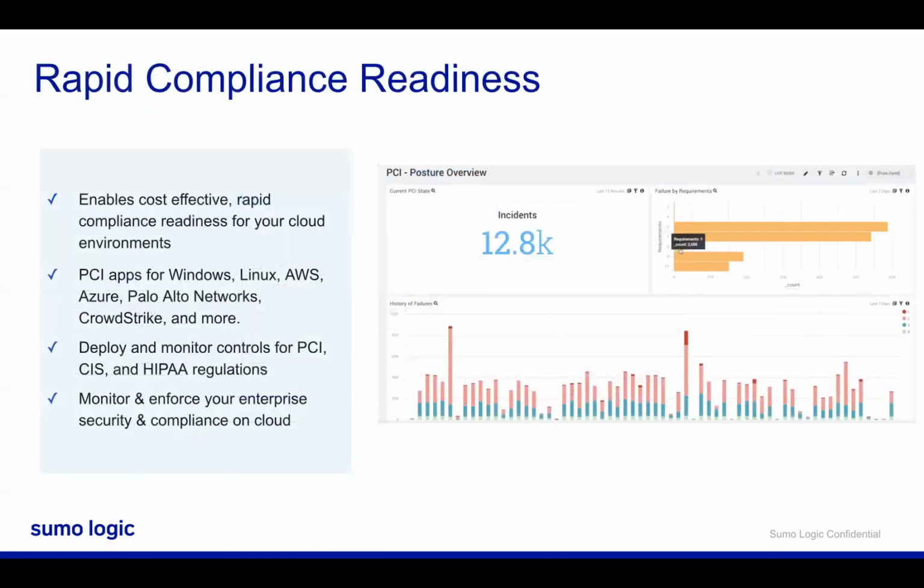As we talked about, rapid compliance readiness: we have out of the box certifications available, which will make your security posture better, and you can make use of them in a very small period of time.